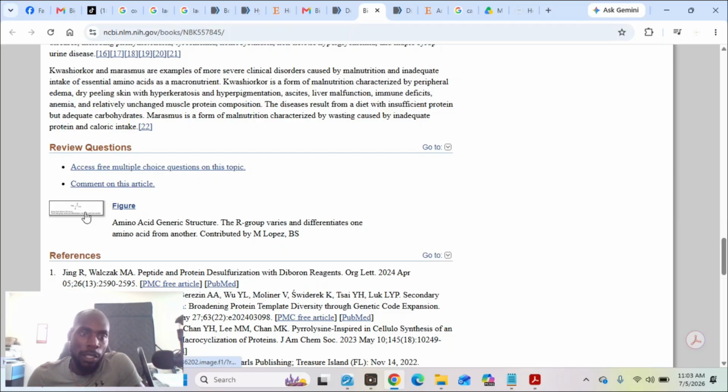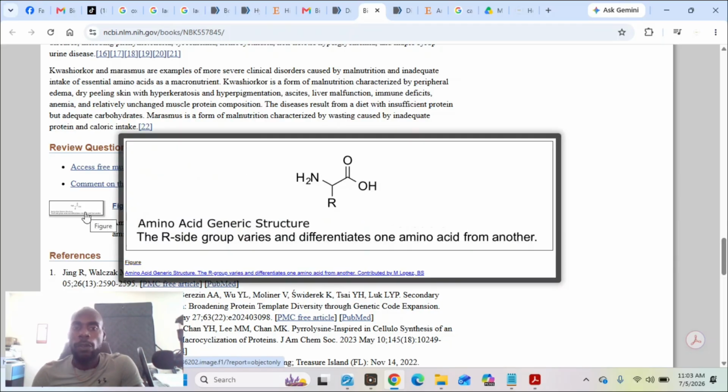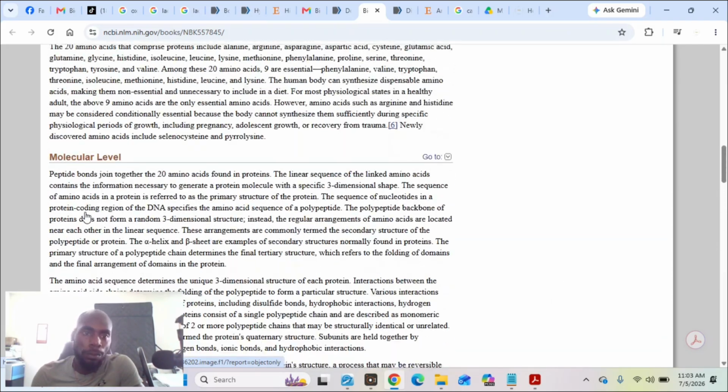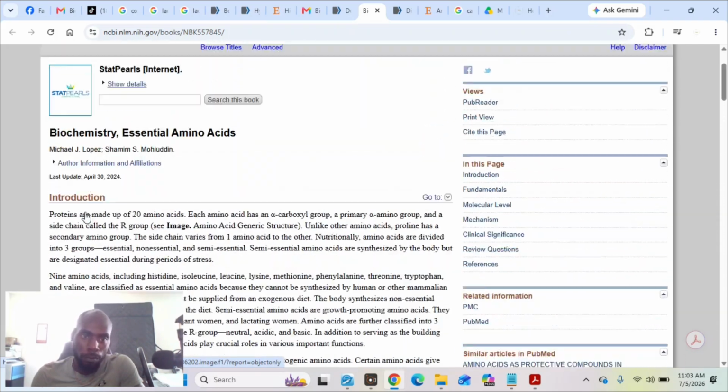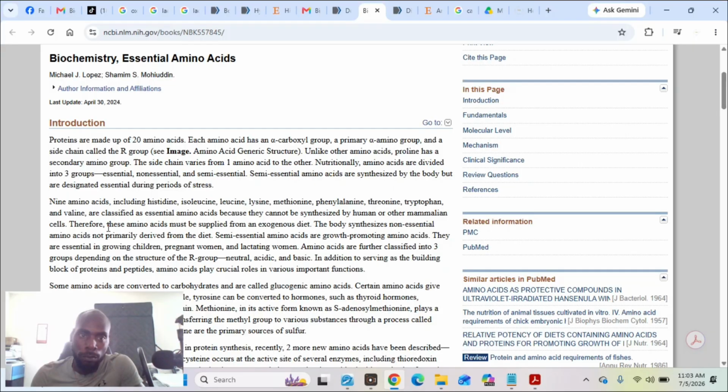So this is the figure here, the chart. Unlike other amino acids, proline has a secondary amino group. I'm not going to try to pronounce all of the amino acids.